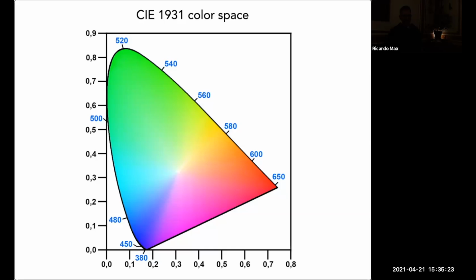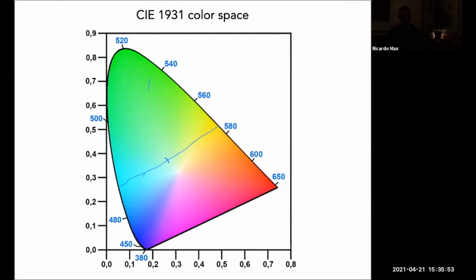And let's see if I can annotate, it works? Yes. So let's say you add this light and this light in the same intensity, our perception will be exactly here.